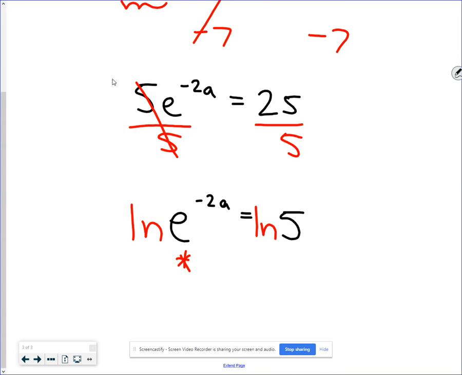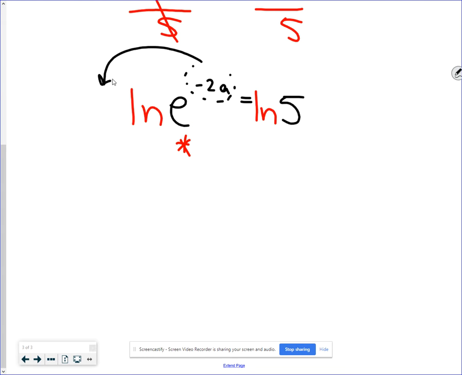Then let's take our exponent here and move it to the front. So we get negative 2a times the natural log of e is equal to the natural log of 5. Now, when we first learned about the natural log, I told you there's something I want you to remember. It's very important. The natural log of e is 1.